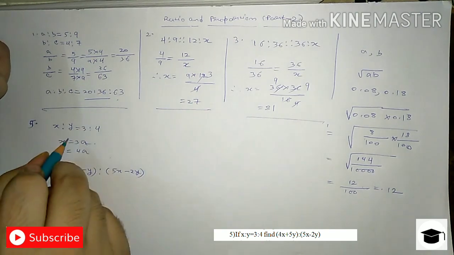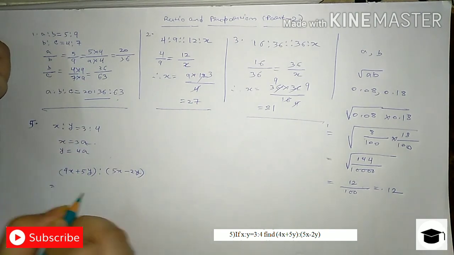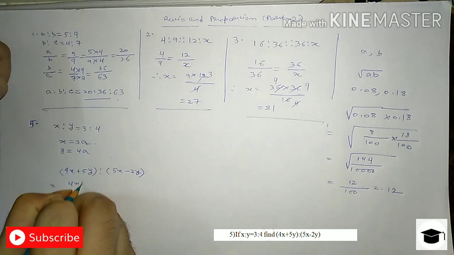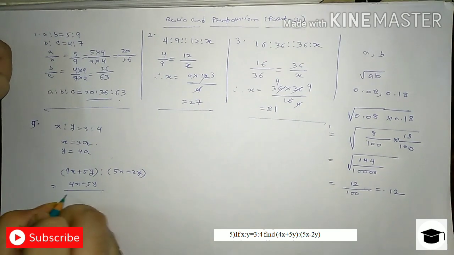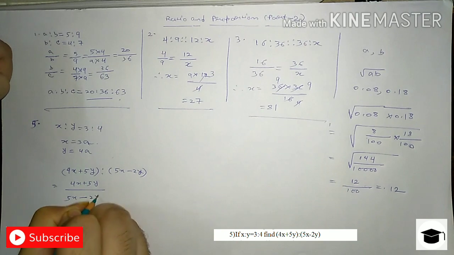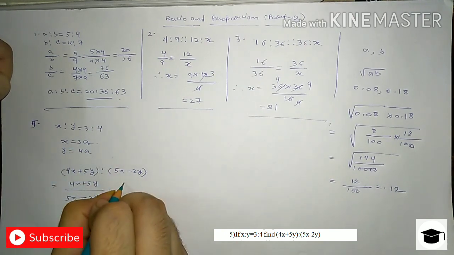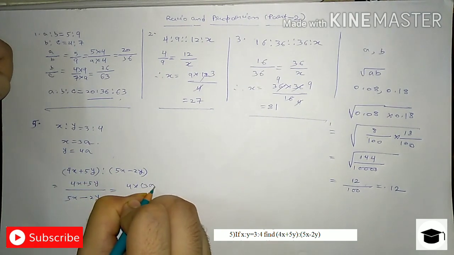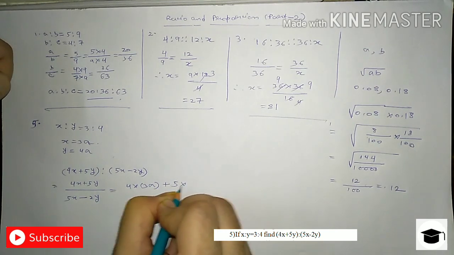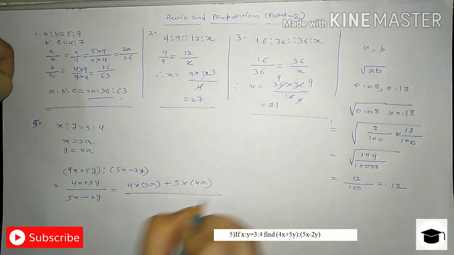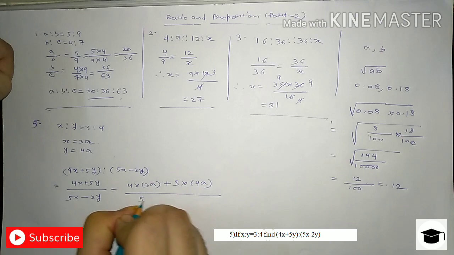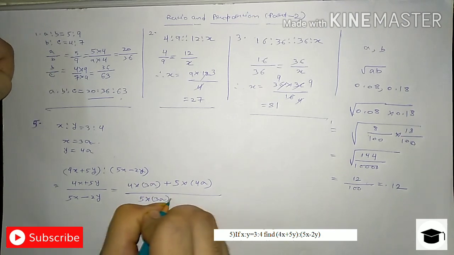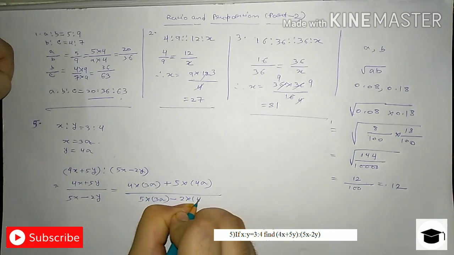We just put the value of x and y in this place. So what will we get? 4x plus 5y by 5x minus 2y. Putting the values, we get 4 into 3a plus 5 into 4a by 5 into 3a minus 2 into 4a.